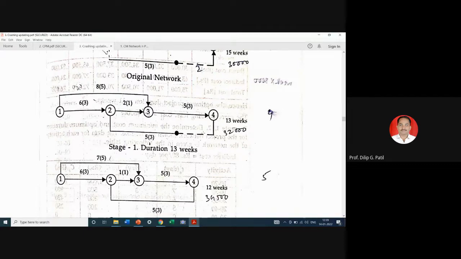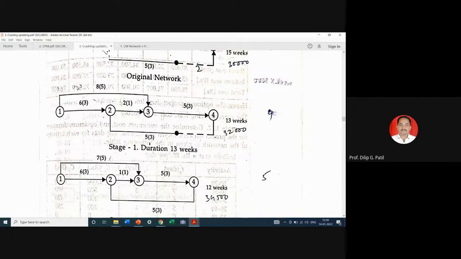And here instead of 2 weeks of slack, there will be reduction of 1 week and that will be 1. But we have to see if that particular addition of cost slope of 1.3 and 2.3 is smaller than 3.4.